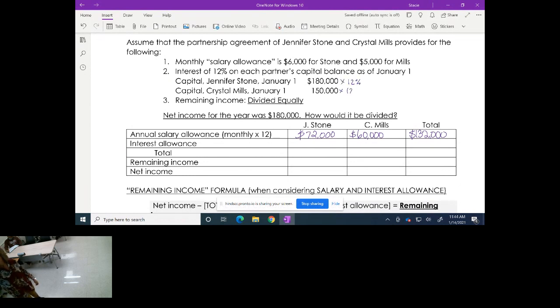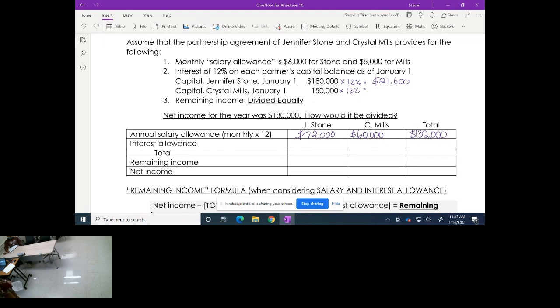Take 12% of the capital amount. That's their interest allowance. So how much is 12% of the 180? It's 21.6. You do not want to calculate 12% of their salary.